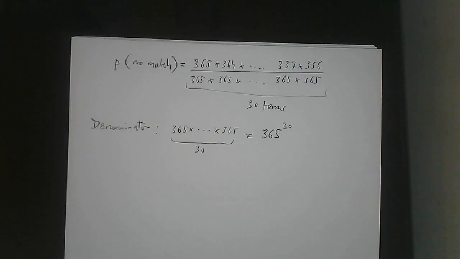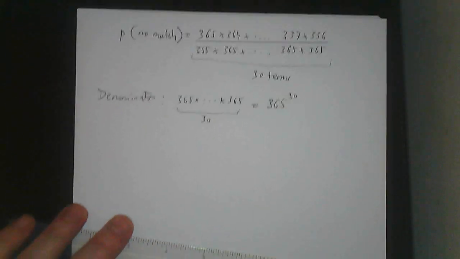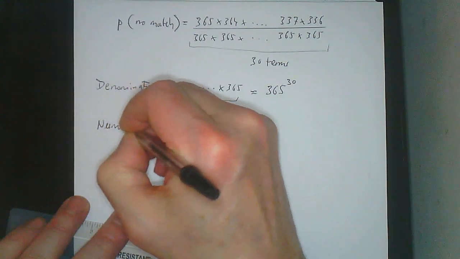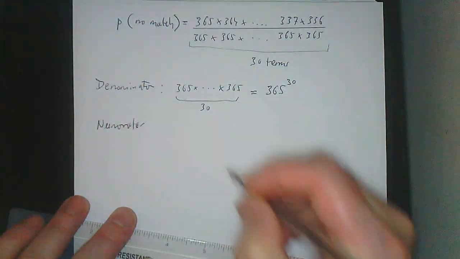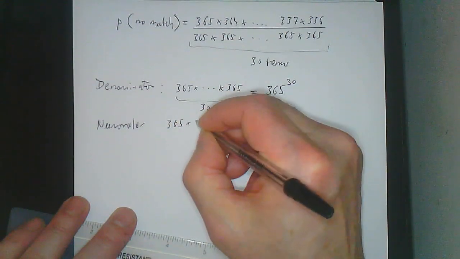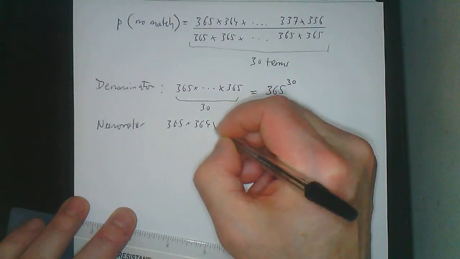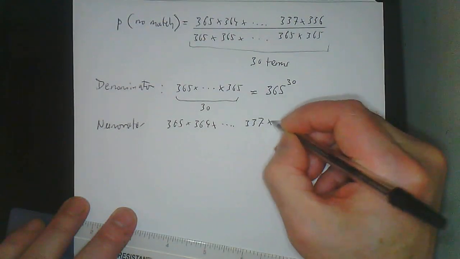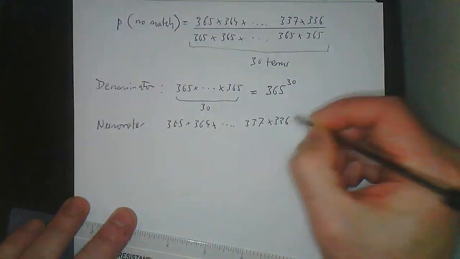So that's the denominator. Now the numerator is a little more complicated. We've got 365 times 364 times dot dot dot all the way down to 337 times 336.